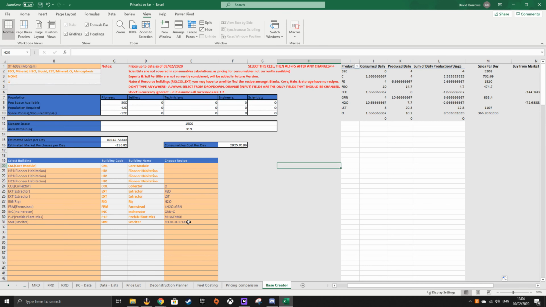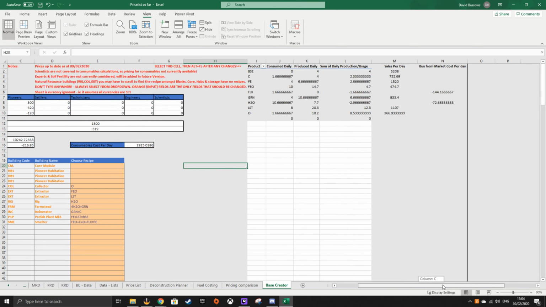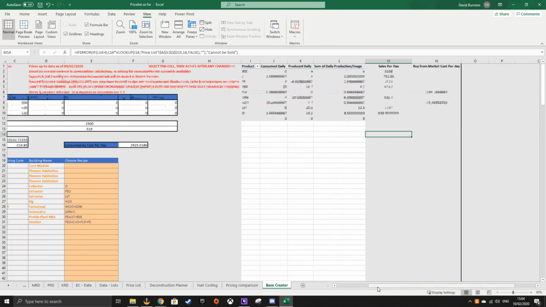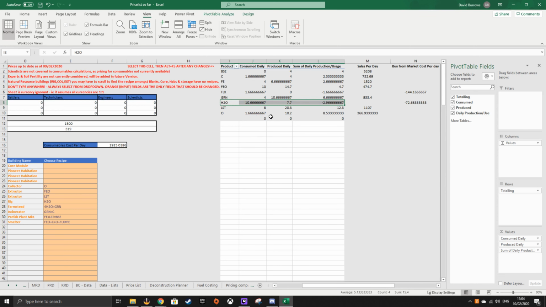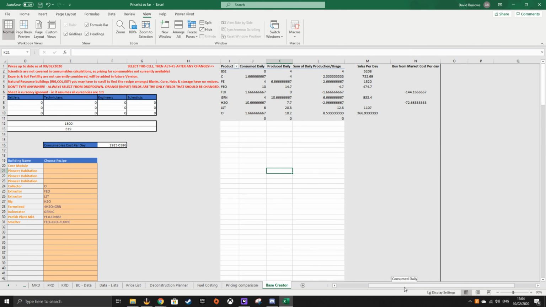The only thing that we're not producing ourselves is the flux, and it's highlighted that we will need 1.6 units per day of that just to keep the smeltery running. The other thing that we're missing is we're currently only producing 7.7 units of H2O and we're consuming 10.6.